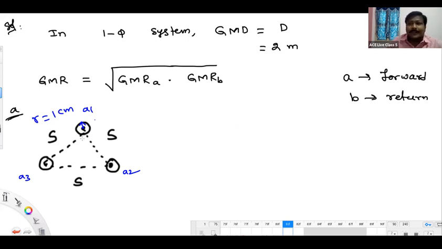What is GMR of A1? While you are calculating, please listen to me. If you want, you write this statement also. If you are calculating GMR of a phase, you need not consider the other phase conductors. GMR is a self distance of this phase itself. So we need not consider the phase B conductors now. Okay, right. So what is GMR of subconductor A1?